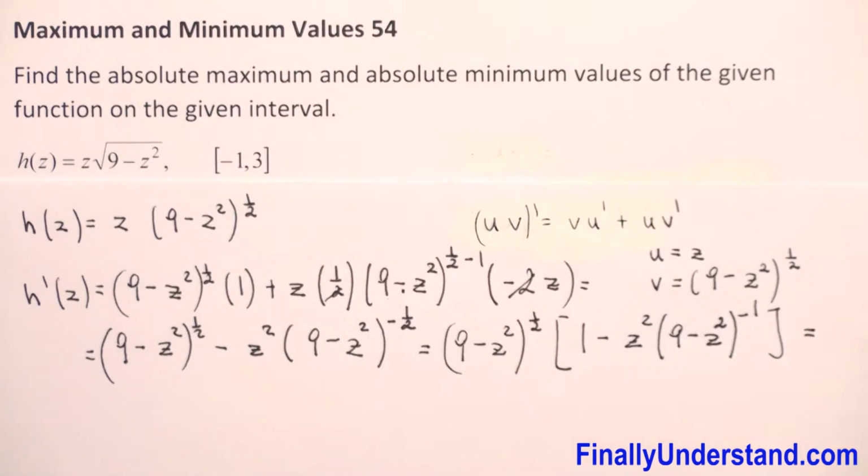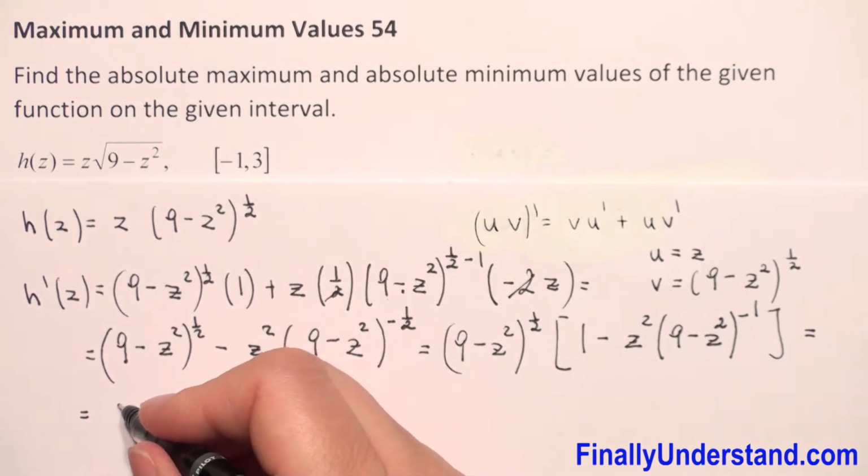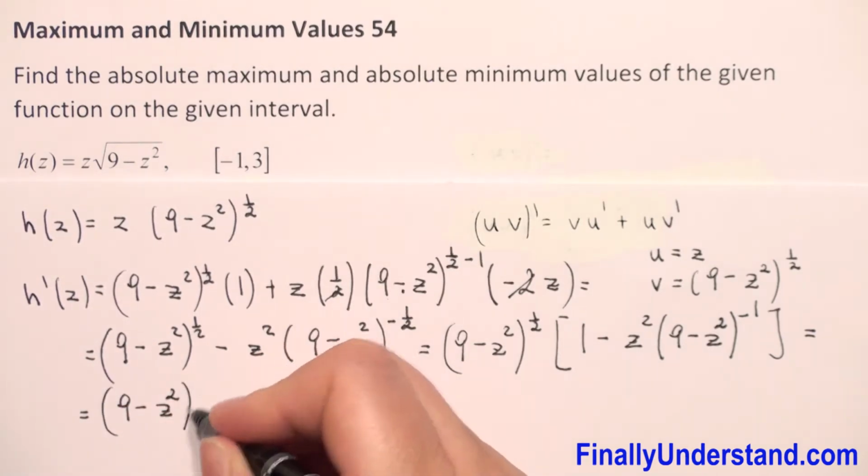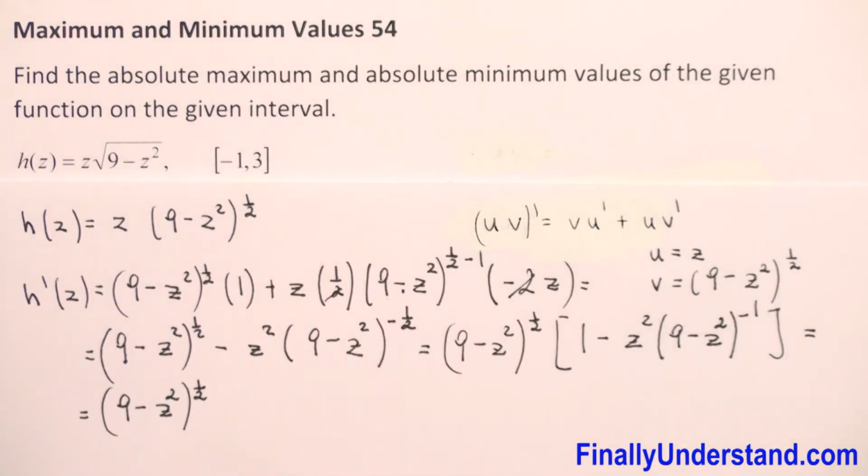So this is equal. We can rewrite, we have (9 minus z squared) to the power 1/2 times, in parentheses, because we have a negative exponent, it means we have to take this whole expression to the denominator.